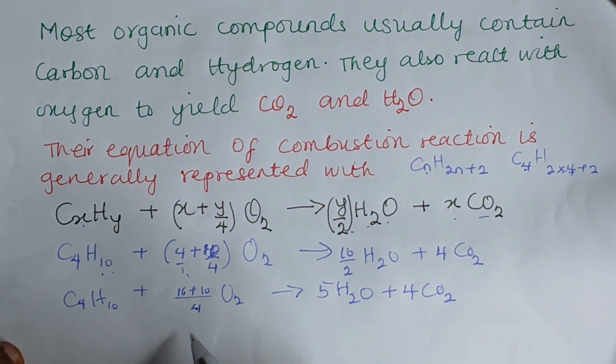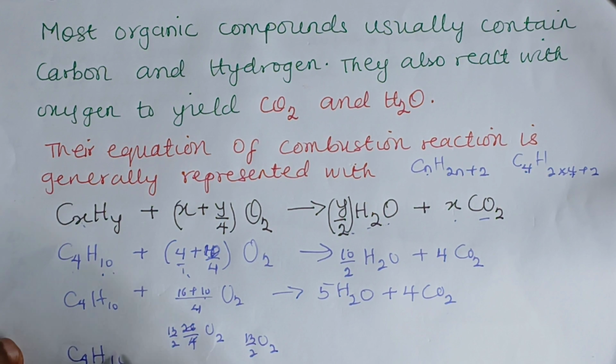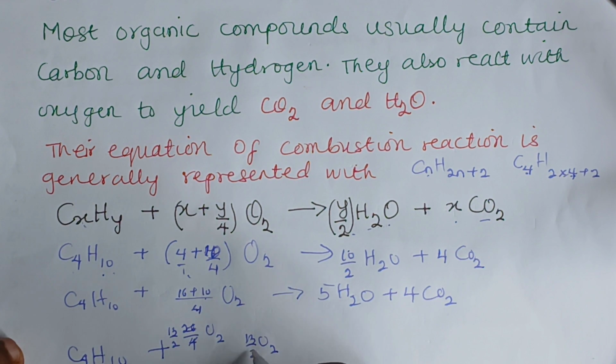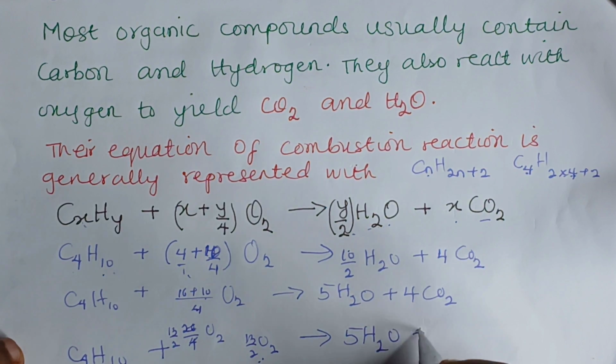From here we can still simplify this as 26 over 4 O2. Cutting it out, we have 13 over 2. So we can leave it here as C4H10 plus 13 over 2 O2 to give 5 H2O and 4 CO2.